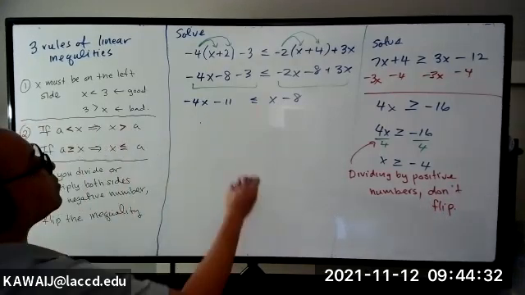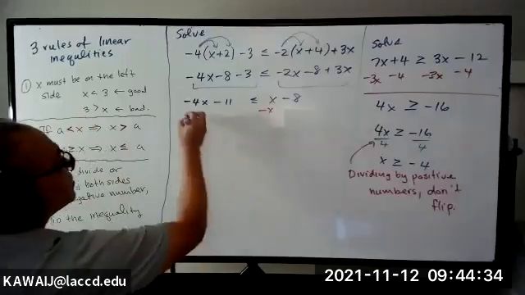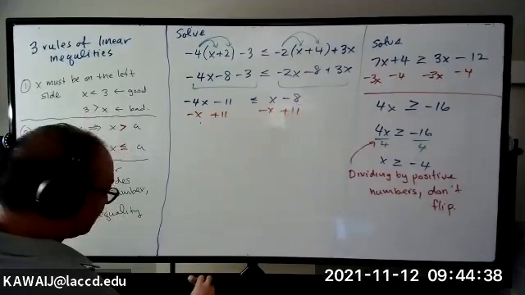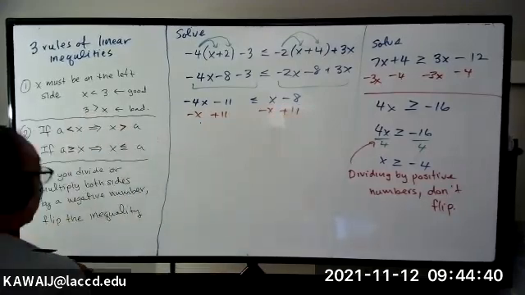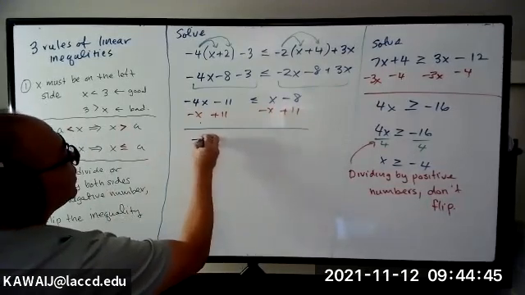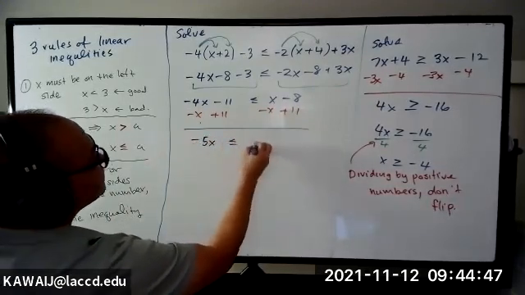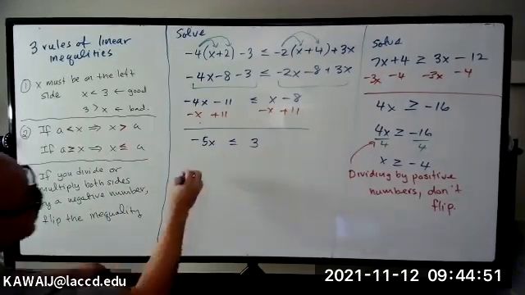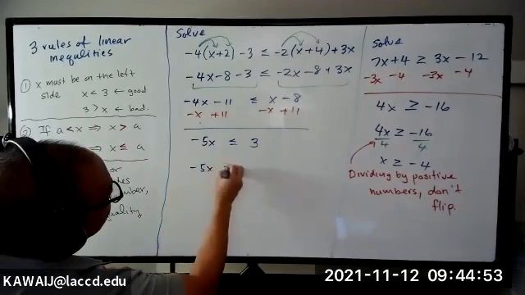So now we go minus x, minus x. And then we go minus 5x over 3. And then over here, we're going to divide both sides by a negative number.